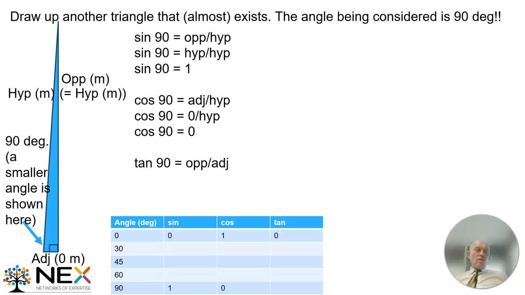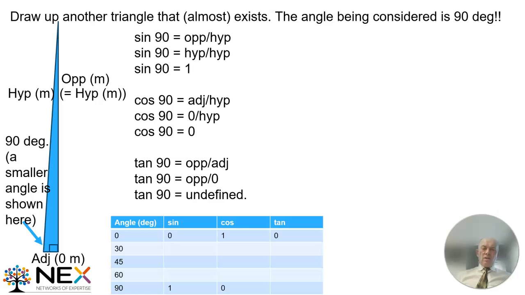Tan of 90 is opposite over adjacent, which is the opposite, whatever it is, divided by 0, and there we hit a problem, a snag, a real bit of a difficulty here, because we finish up with a tan of 90 producing an undefined situation, and a calculator will give you a maths error, syntax error. You'll break the brain of the calculator somehow. So we can post that. So for 0, 0, 1, 0, for 90, 1, 0, undefined, no number exists.